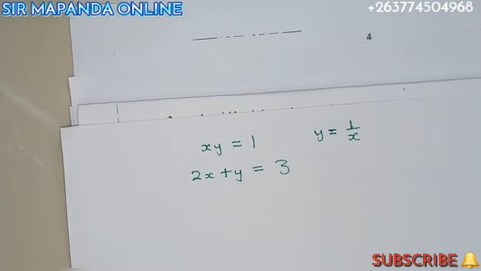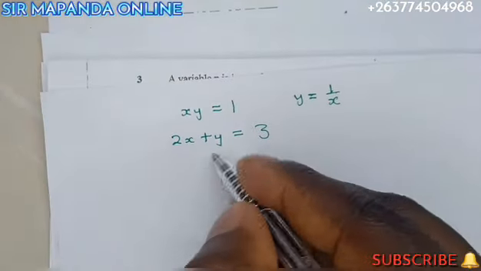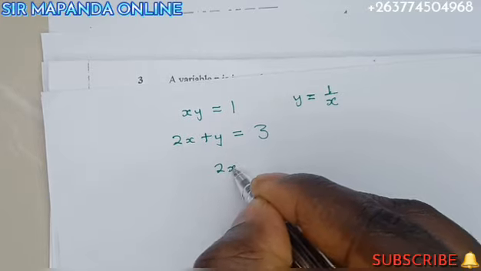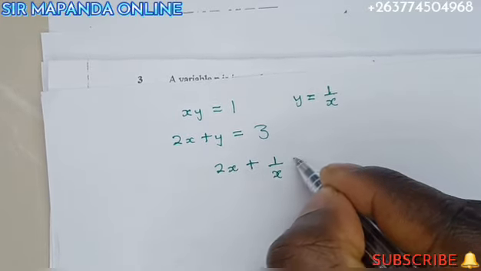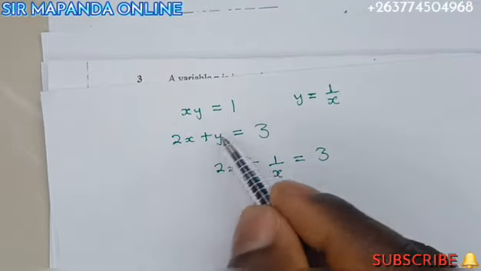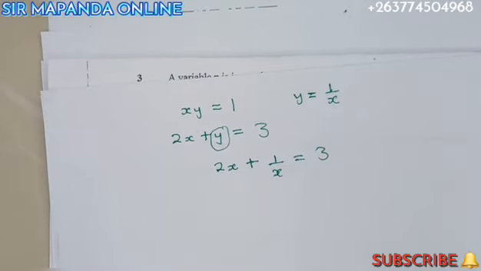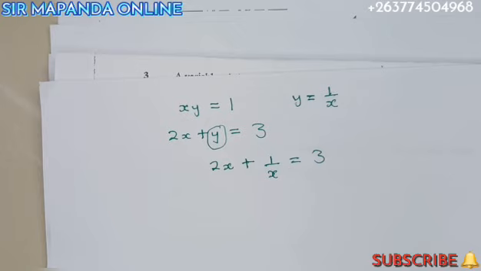I hope you are following. Let us substitute 1 over x on y. You get 2x plus 1 over x is equal to 3, substituting 1 over x on y. Then I'm going to multiply each and every term both sides by x, where x is representing our LCM.